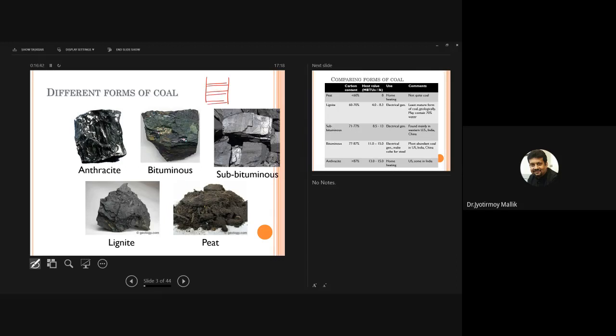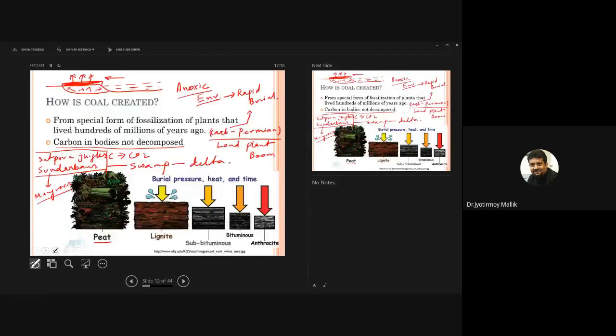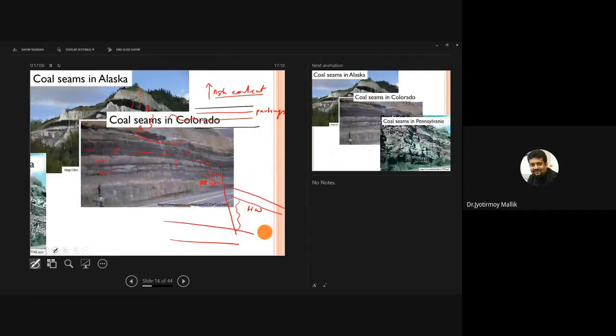Some of the bands are pretty lustrous, and some are pretty dull. These are called bright bands and dull bands. That is one of the fundamental criteria to judge the lithotype of coal, by looking at the distribution of the bright band and dull band. We will see why they occur in a moment.